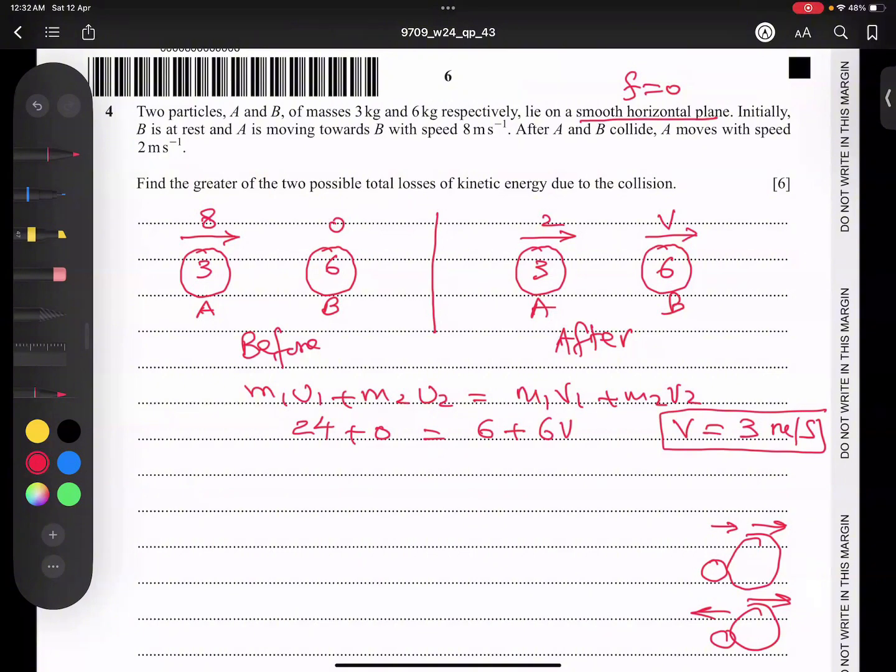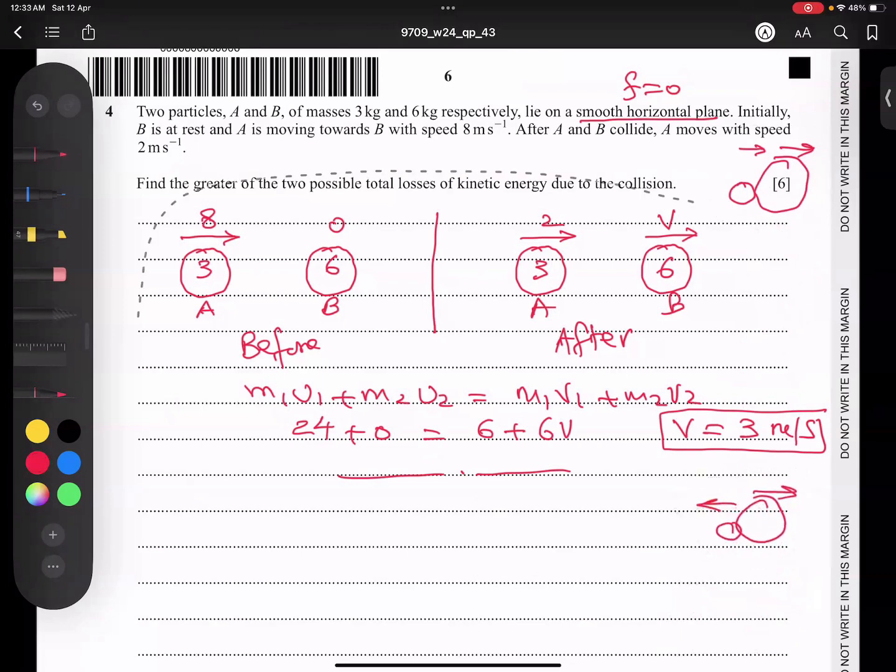Now we have a second situation. The first was when they are traveling in the same direction. Now let's talk about if A rebounds.